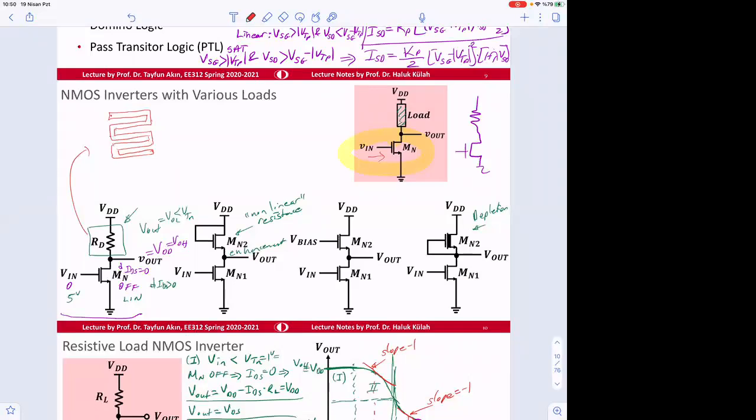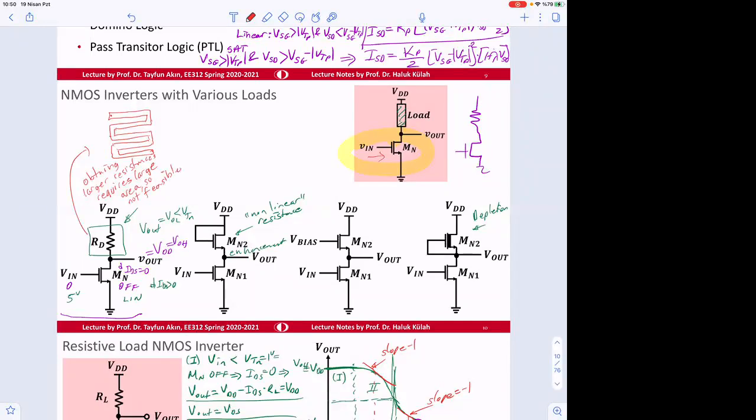Obtaining large resistance requires large area, so not feasible.